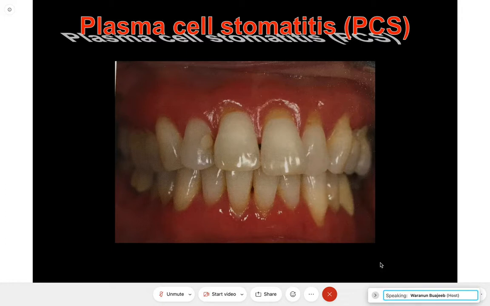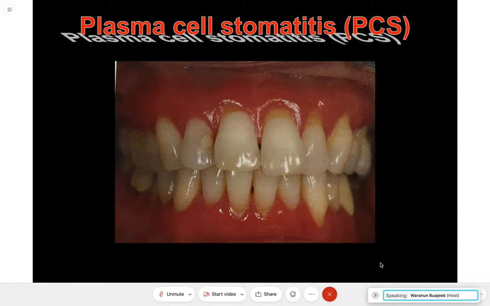From the clinical appearance, not just red and edematous gum, but because it's not related to plaque-induced gingivitis, it involves both the marginal gingiva and the whole attached gingiva, and we cannot identify any cause.